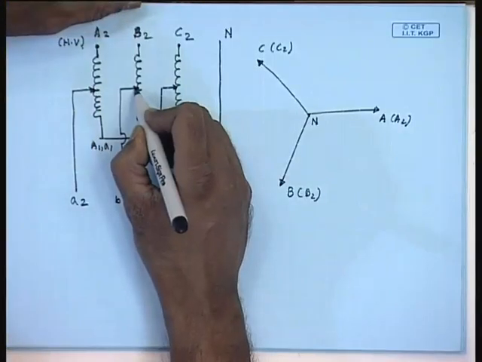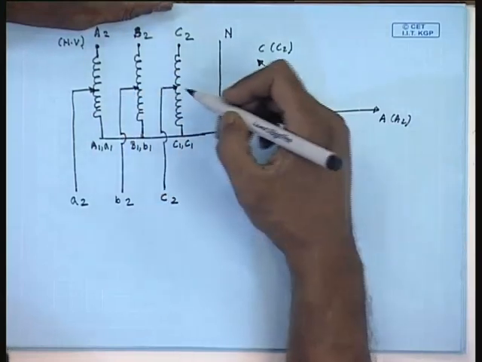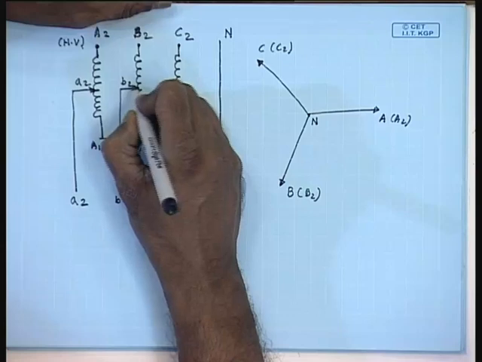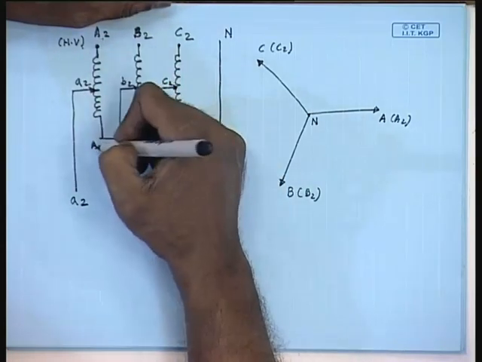Since we are putting tappings here, the voltages A2, A1 will be in phase with A2, A1.